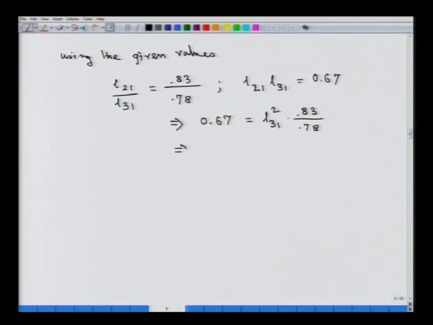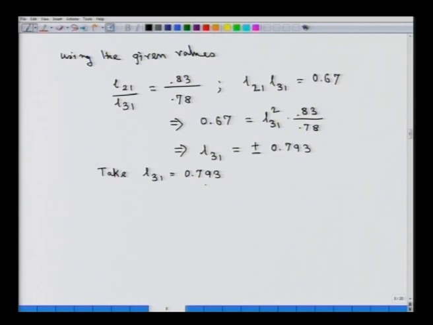This leads us to the numerical value of L31 square, and we can straight away write the L31 value as one of two values, plus or minus 0.793. So using the two equations we get this solution. Now let us take this L31 to be the value with the positive sign.